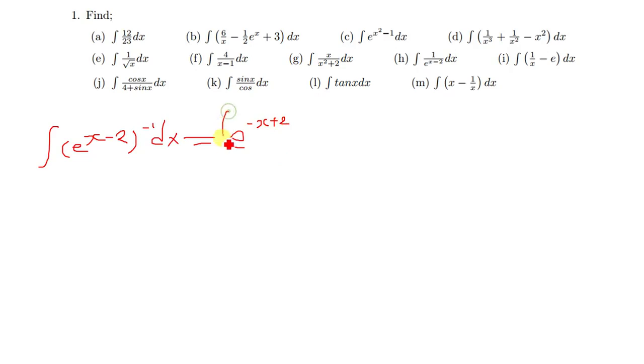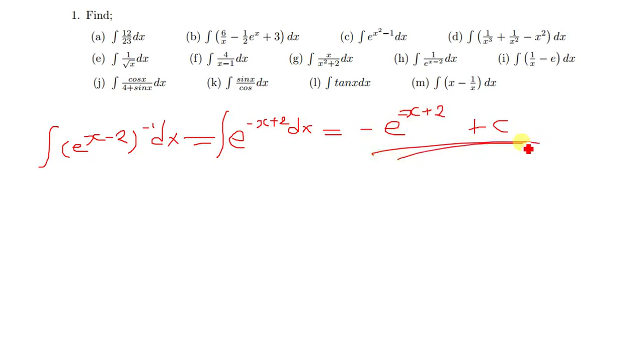The integral of this with respect to x is negative e to the power negative x plus 2, and then don't forget to put your c. What I did here is differentiate the power, which gave me negative 1, then I wrote the whole function and divided by negative 1.